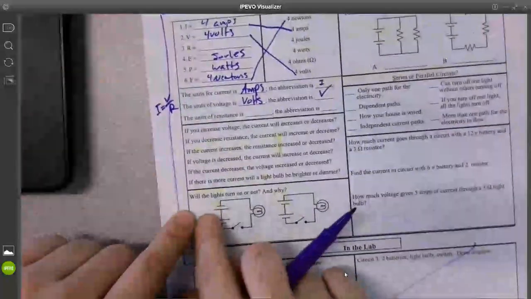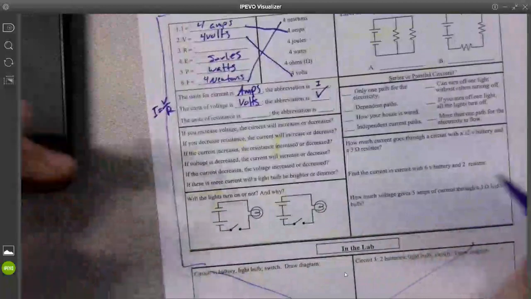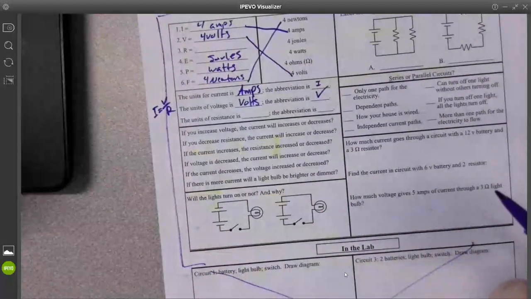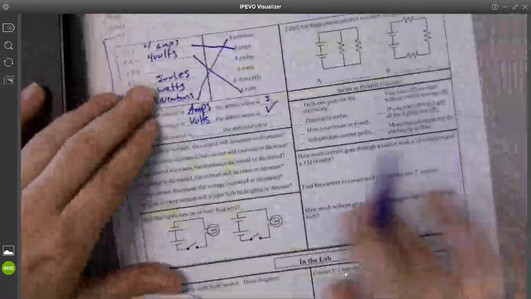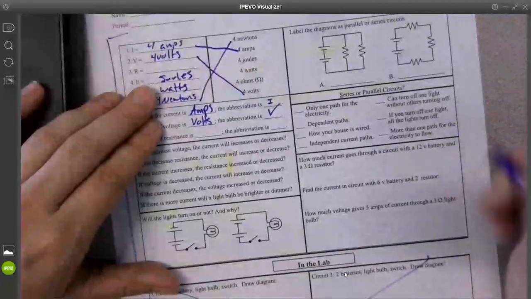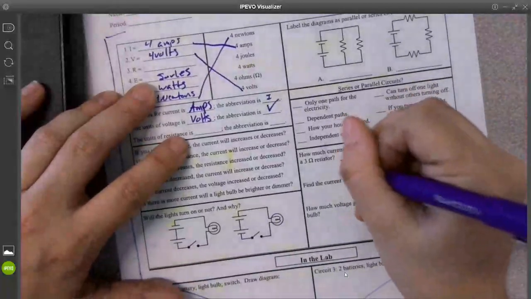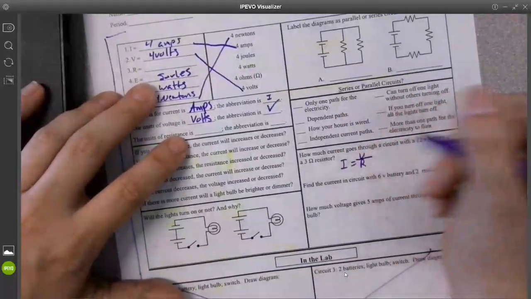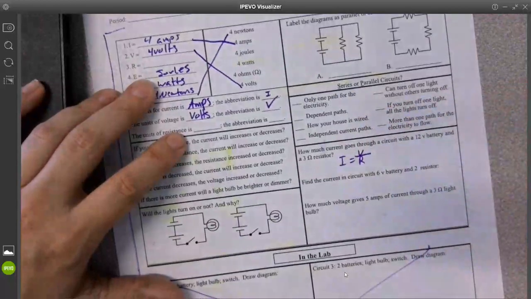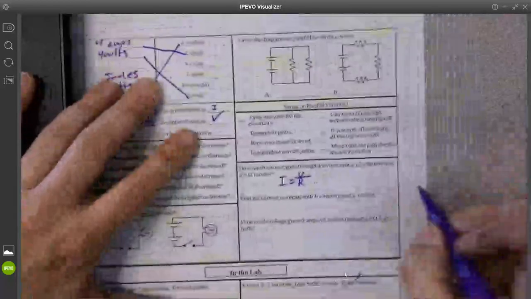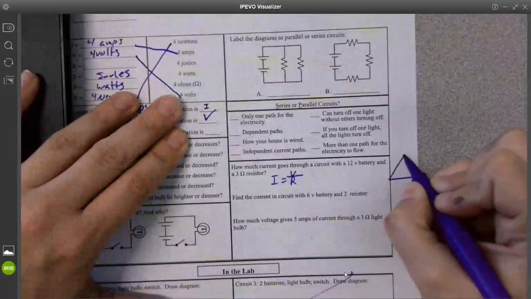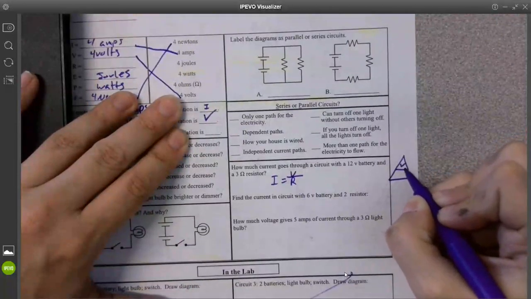Last question over here, will the lights turn on or off? Yes or no, why or why not? This one right here, you are simply calculating using your I equals V over R equation. If you need the triangle, just draw it out to the side.